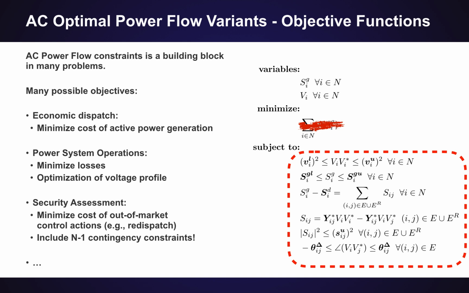So I think the important thing here is that this set of constraints is a fundamental building block in lots of problems. So studying relaxations on a stylized, simplified OPF can potentially have broad implications in lots of different problems. Exactly. So we really care about this problem and understanding how we can find good solutions to it, because it enters into so many different types of problems that are practically relevant.